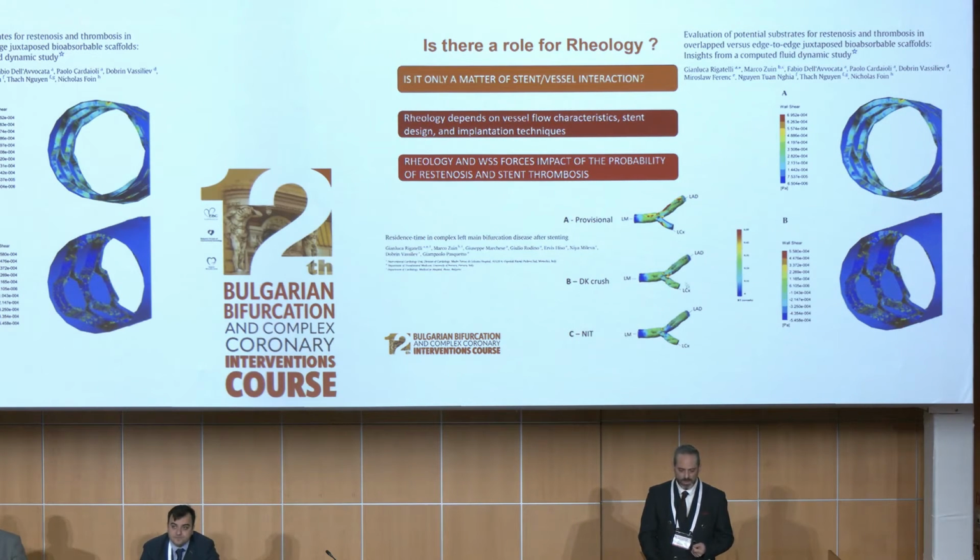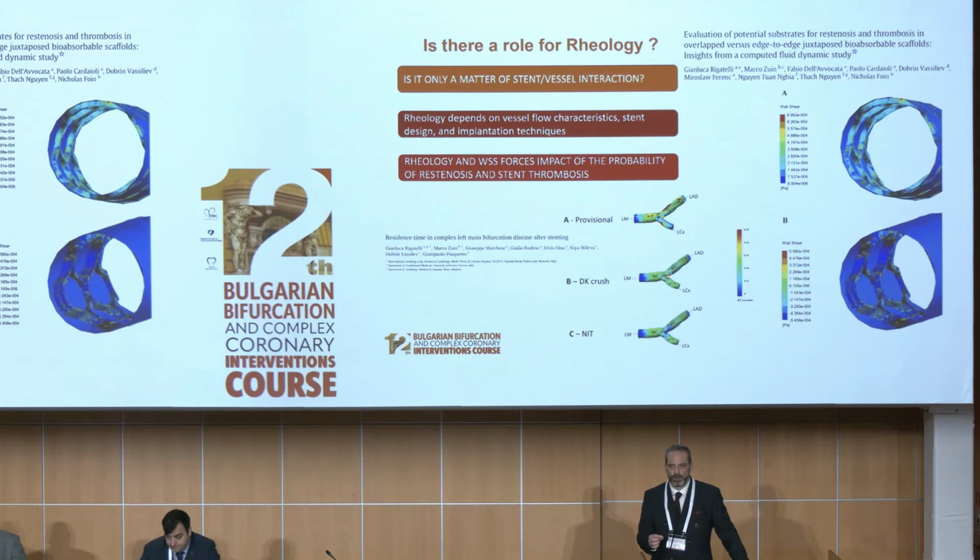This is an old study on the right, sorry, where we evaluated the potential substrate of restenosis and thrombosis in overlapped BVS. And we clearly demonstrated then that not only the stent struts have an impact on rheology and the amount of wall shear stress forces, but also the implantation technique.